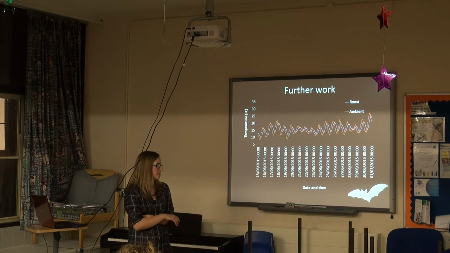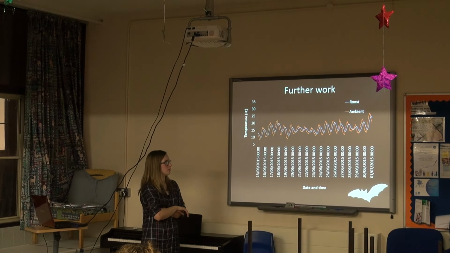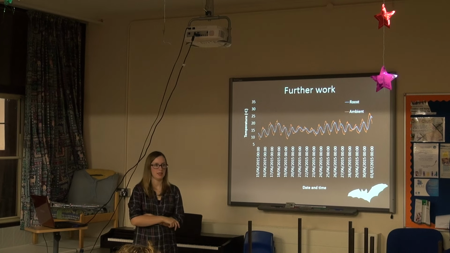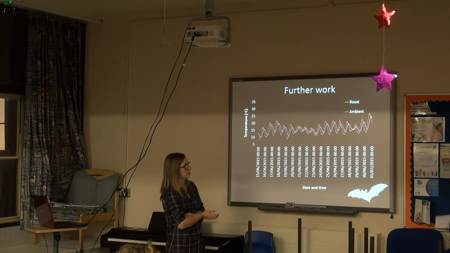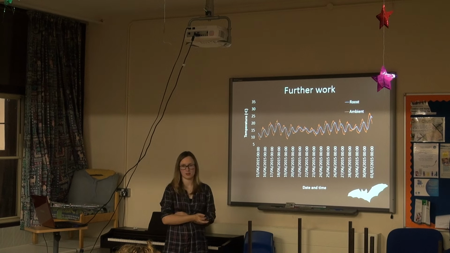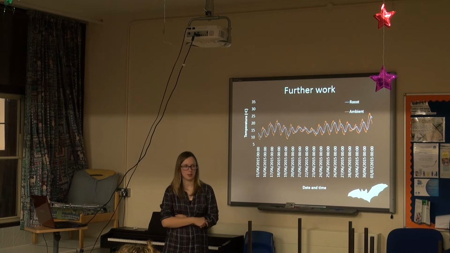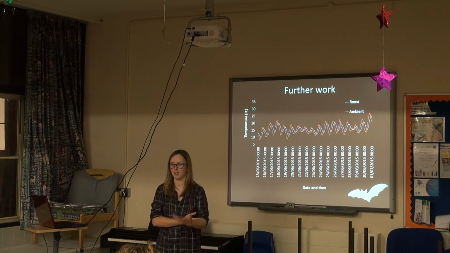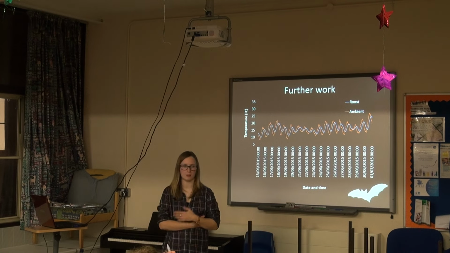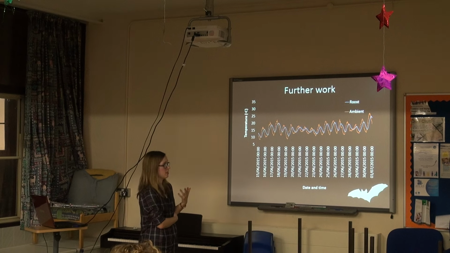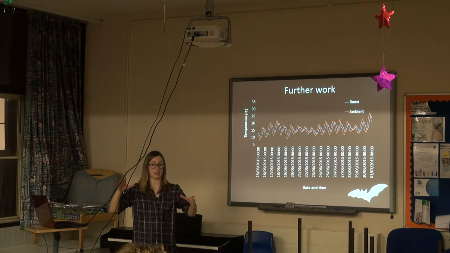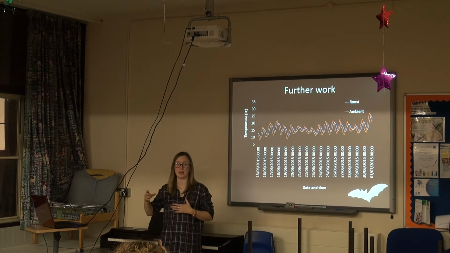And as you can see from this temperature graph, the temperature insulation doesn't seem to be amazing. It's not as bad as the worst roost that we had, but it's not that stable. It's not amazing. So it makes you think about how good these boxes really are. That was just one box, and it's meant to be quite a good one. But one of the advantages of those boxes is that, because they're so big, you can get so many bats into them.